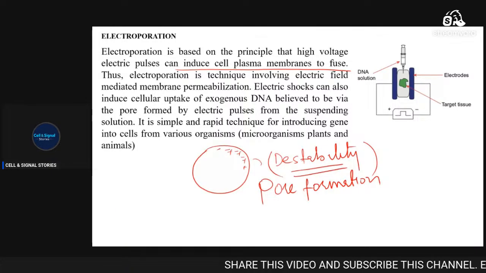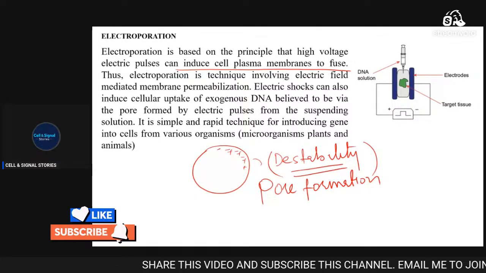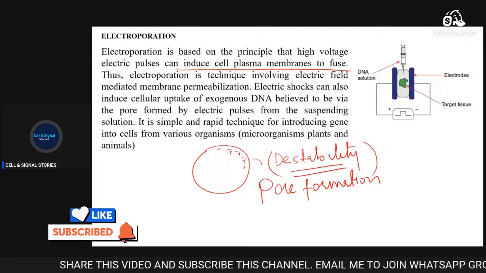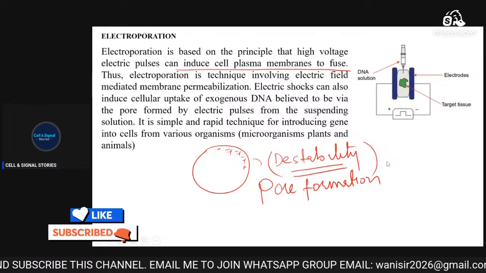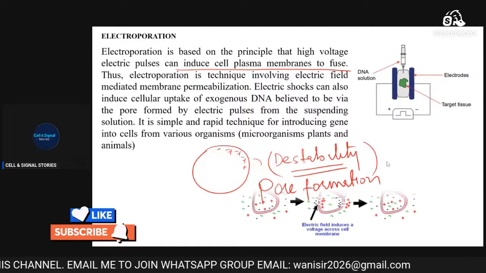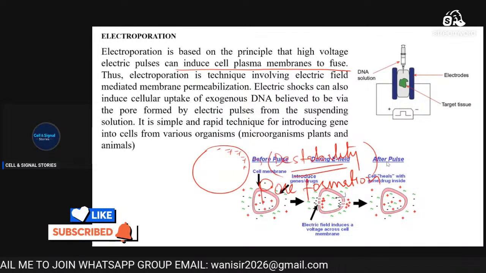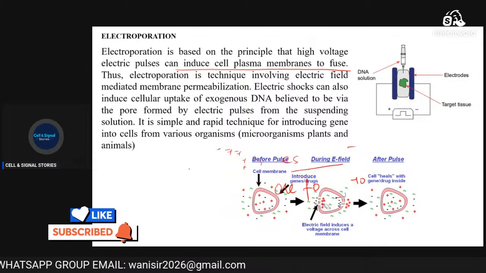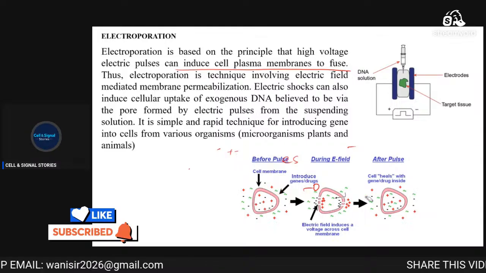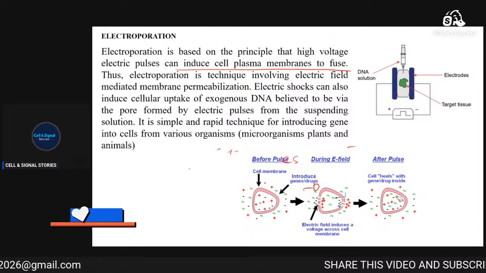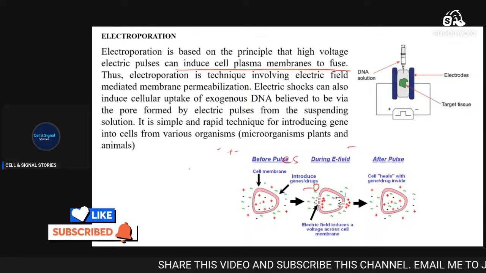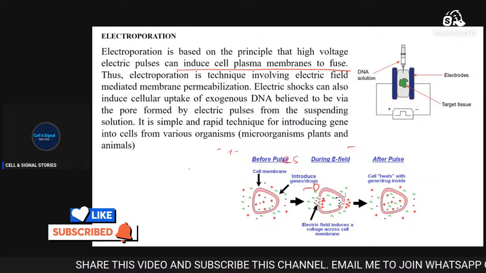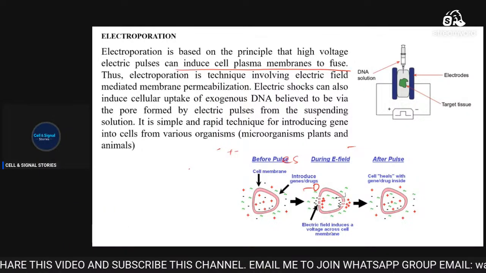pores from the electric pulse and from the suspended solution. It is a simple, rapid technique for introducing genes into the cells of various organisms: microorganisms, plants, and animals. This brief diagram shows that before the pulse, the ions inside the cell are dispersed, and then the voltage is introduced, and the electric field induces a voltage across the membrane.